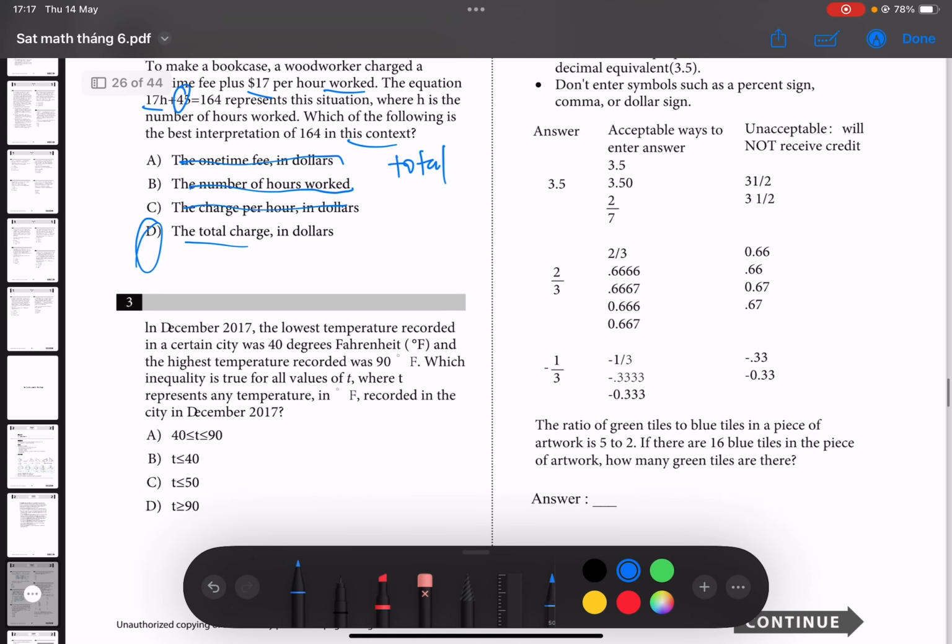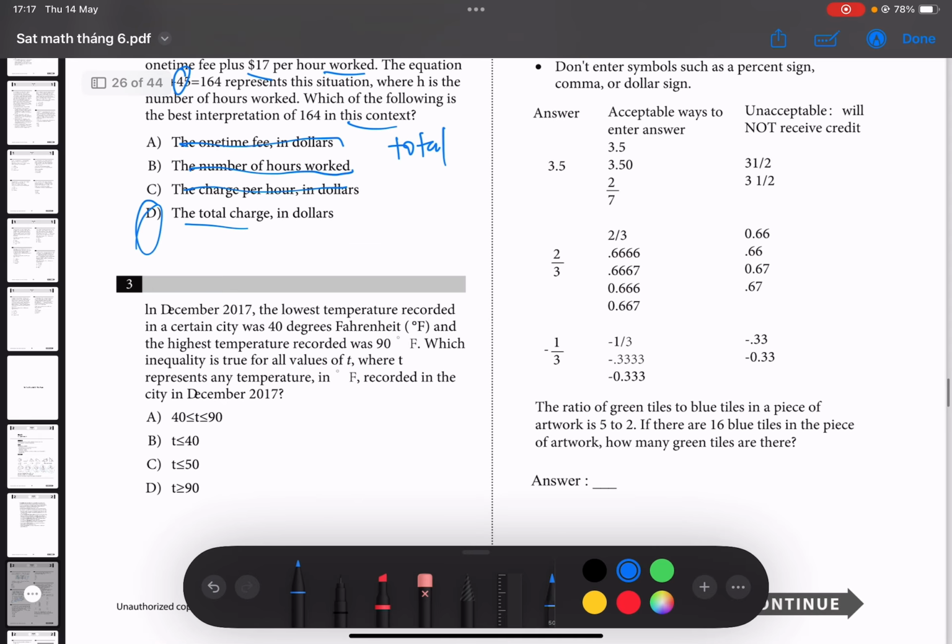Moving on to number 3. In December 2017, the lowest temperature recorded in a certain city was 40 degrees Fahrenheit, and the highest temperature recorded was 90 degrees Fahrenheit. Which inequality is true for all values of T, where T represents any temperature in Fahrenheit recorded in the city in December 2017?